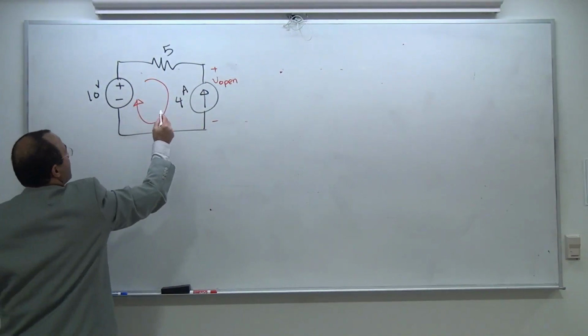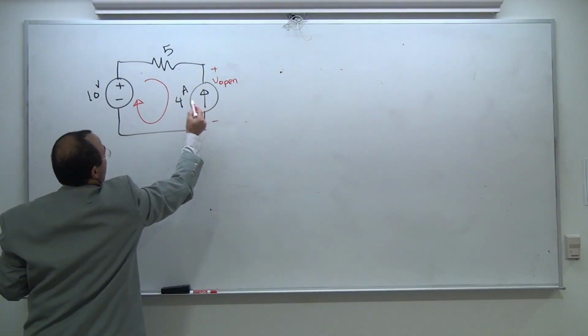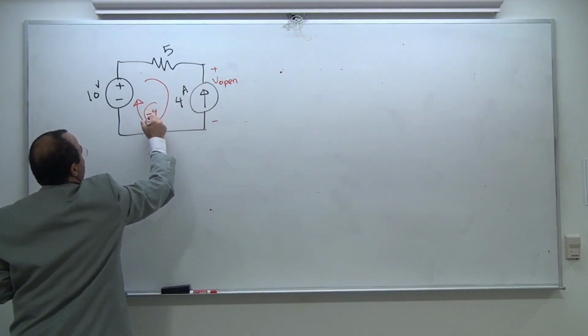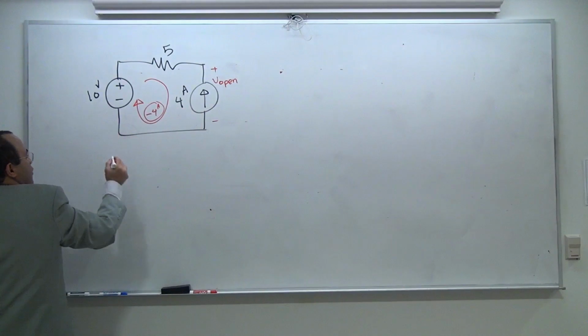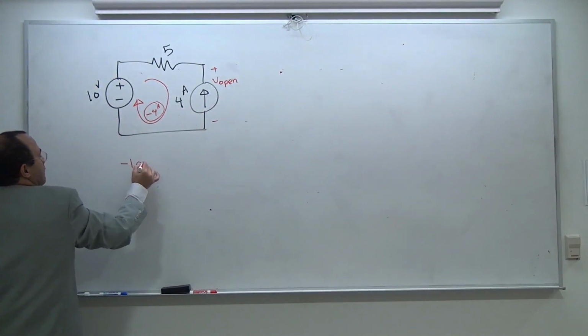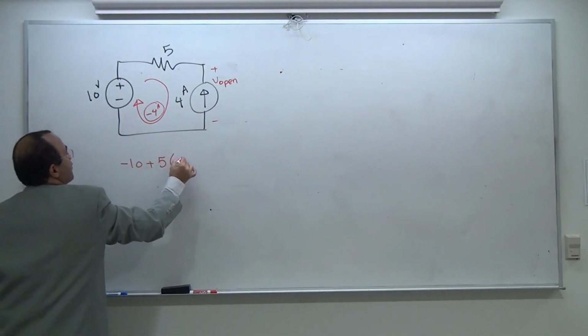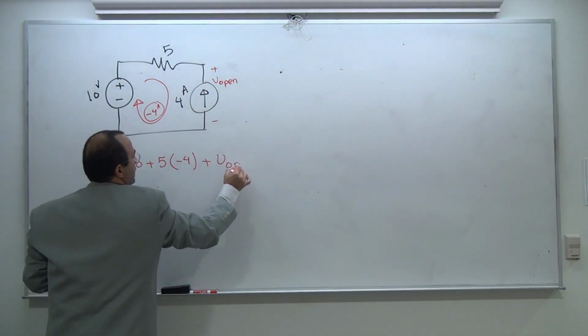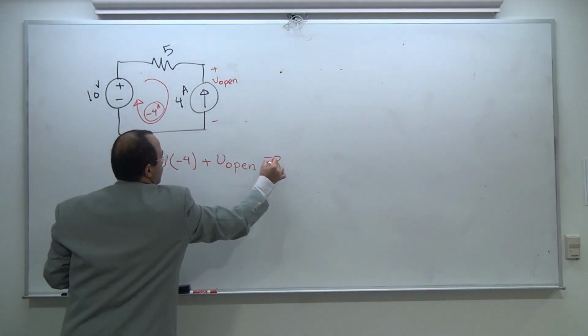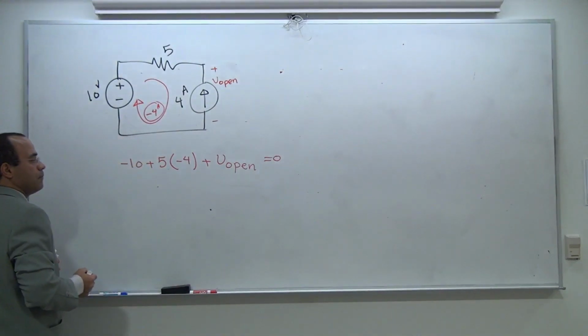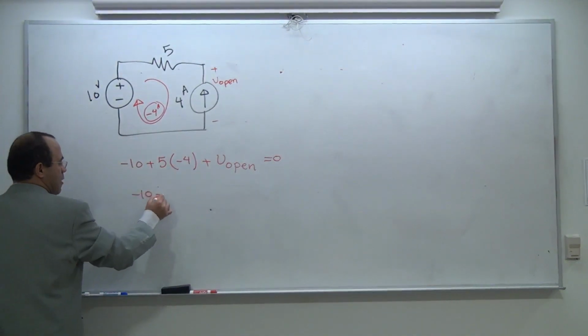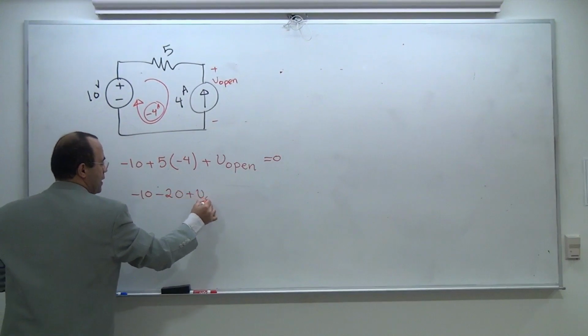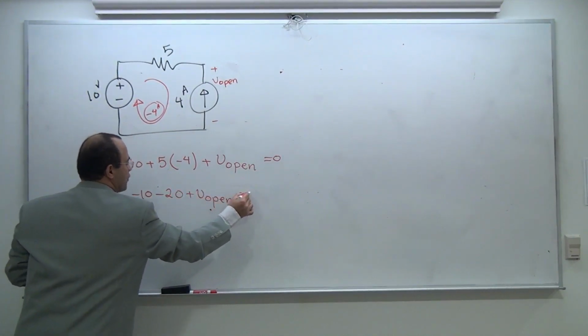Let's go clockwise, and this clockwise is actually opposing this. It's going to be minus 4 amp already, so it's going to be minus 10 plus 5 times minus 4 plus V open is equal to 0. So it's minus 10 minus 20 plus V open is equal to 0.